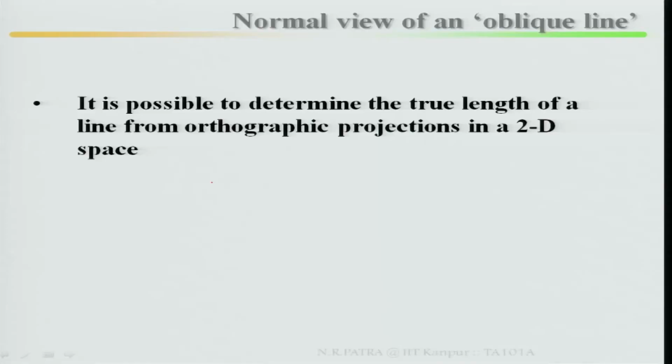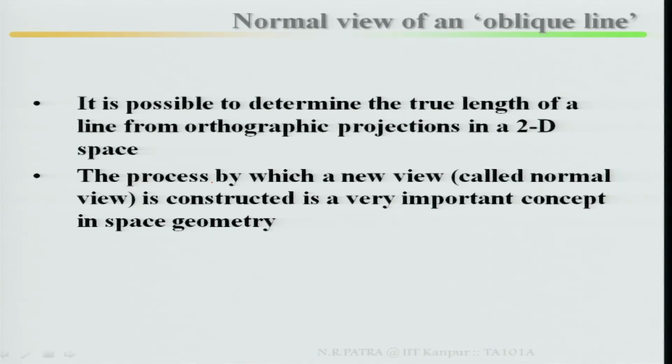It is possible to determine the true length of a line from orthographic projections in a 2D space. The process by which a new view, called the normal view, is constructed is a very important concept in space geometry.